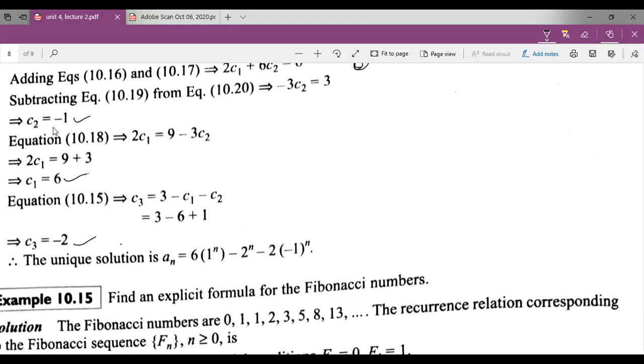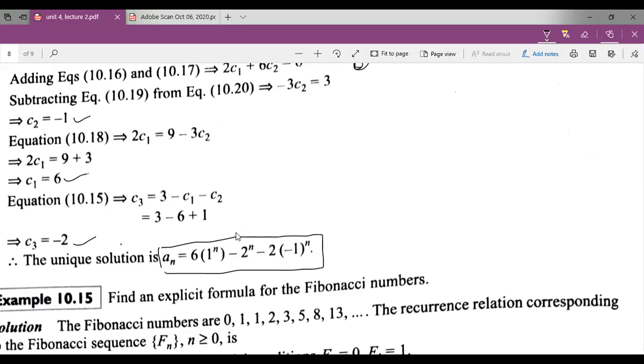So now substitute these arbitrary constant values C1, C2, C3 in the solution of the recurrence relation. We get the unique solution a_n = 6 into 1 power n minus 2 power n minus 2 into (-1) whole power n.